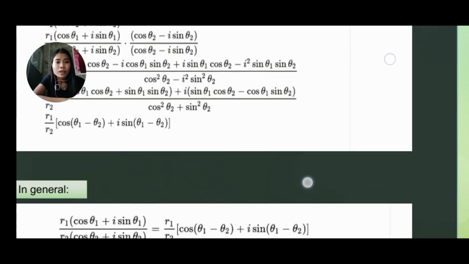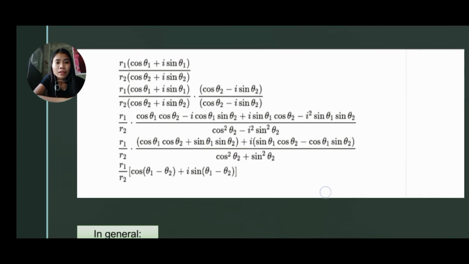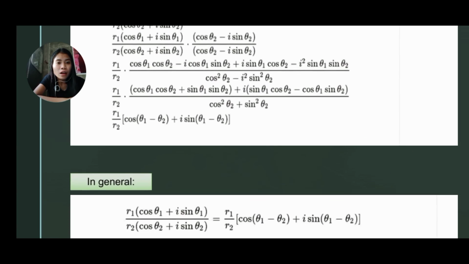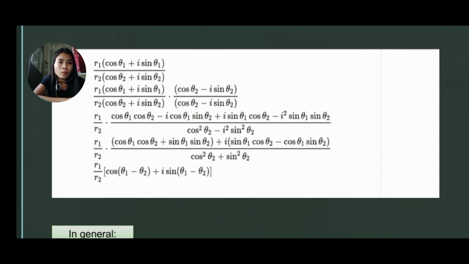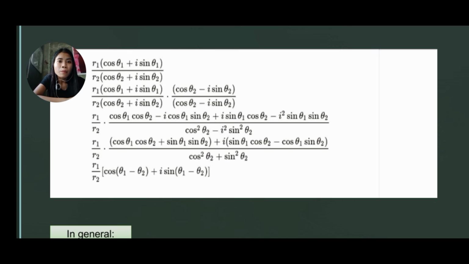So here is how we find the general form of the quotient theorem. We have r sub 1 times the quantity cos theta sub 1 plus i sin theta sub 1 over r sub 2 times the quantity cos theta sub 2 plus i sin theta sub 2.